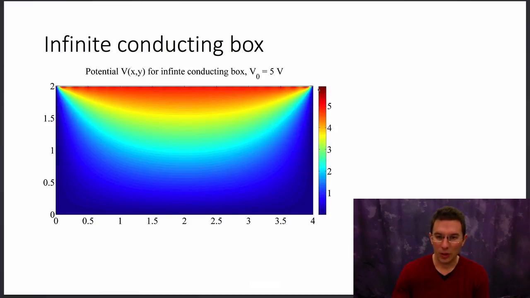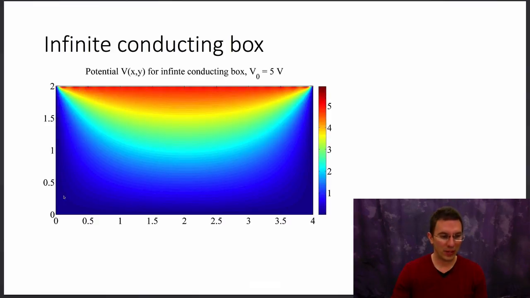Okay, so that boundary condition is satisfied, and the potential along the top is roughly equal to 5. We've got a little bit of error here in the corners, and that's just due to the fact that I've used a finite number of terms in the series. Okay, so I haven't summed to infinity because you can't on a computer. So I've truncated the series, so we have a little bit of error, but essentially along the top surface, I should say along the top side here, the potential goes to 5 volts.